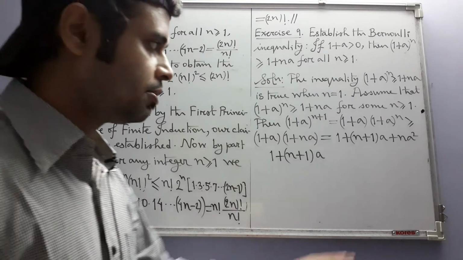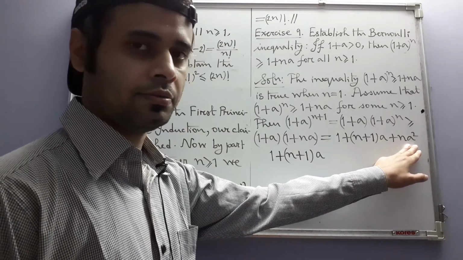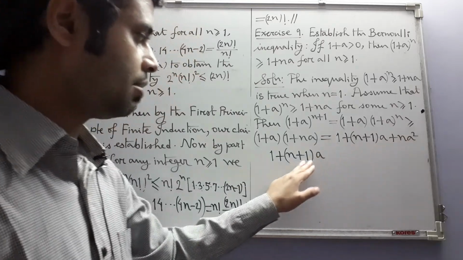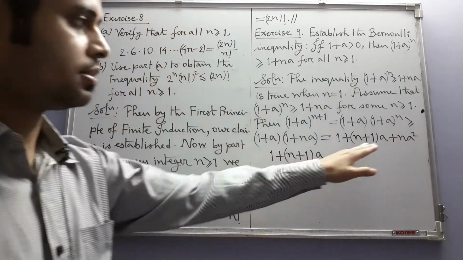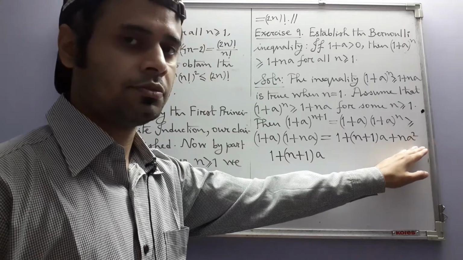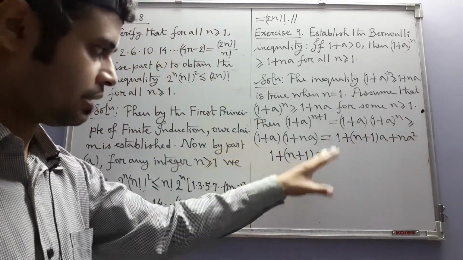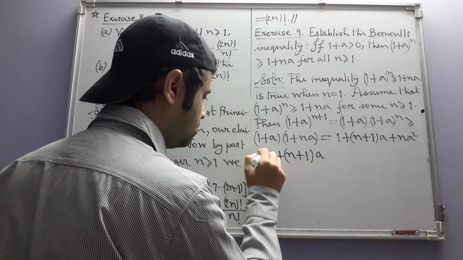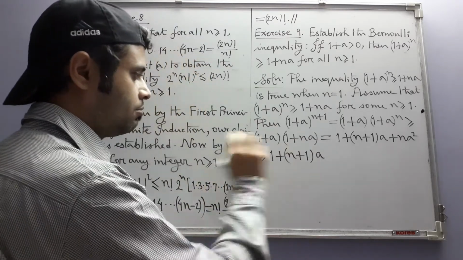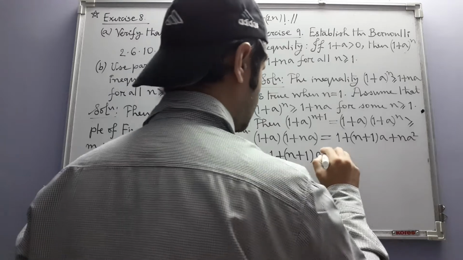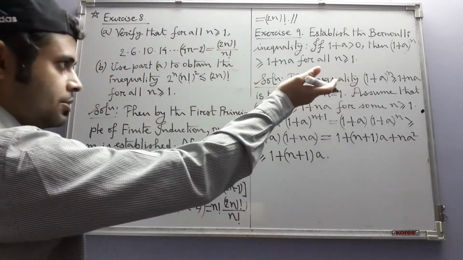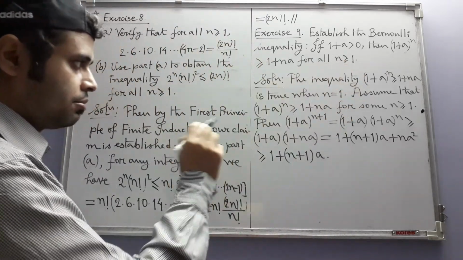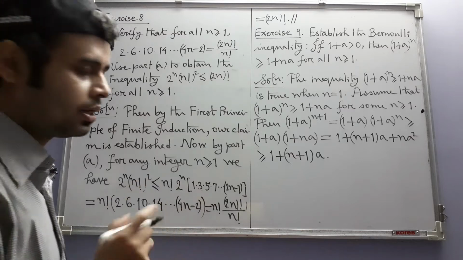I say possibly because a may be 0. In that case, this will be equal to this. Otherwise, this is positive. So then writing this, we are actually writing less. So in any case, this is greater than or equal to 1 plus n plus 1 times a, which you can see is just the given inequality where in place of n you have n plus 1.